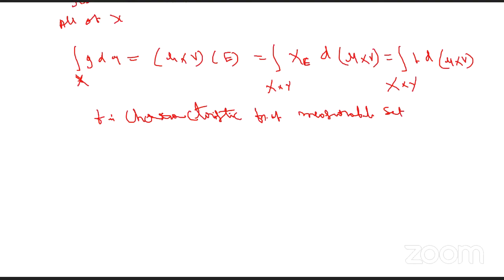Hence the theorem also holds in this case. Now suppose f is a simple function which vanishes outside a set of finite measure.